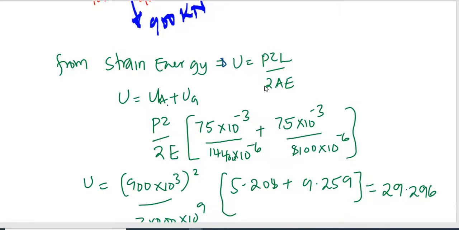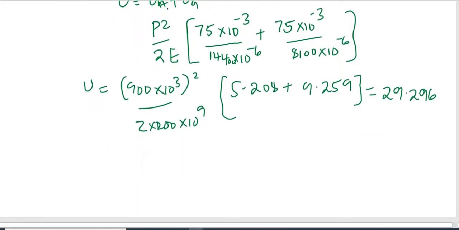If I factorize P squared over 2E outside, it will be P squared over 2E times 75 times 10 to the power negative 3, the length of the bigger section, divided by the cross-section area of the bigger section, 14400 times 10 to the power negative 6, plus 75 times 10 to the power negative 3 divided by 8100 times 10 to the power negative 6. The negative 6 powers convert them, as we have already calculated, into square meters.